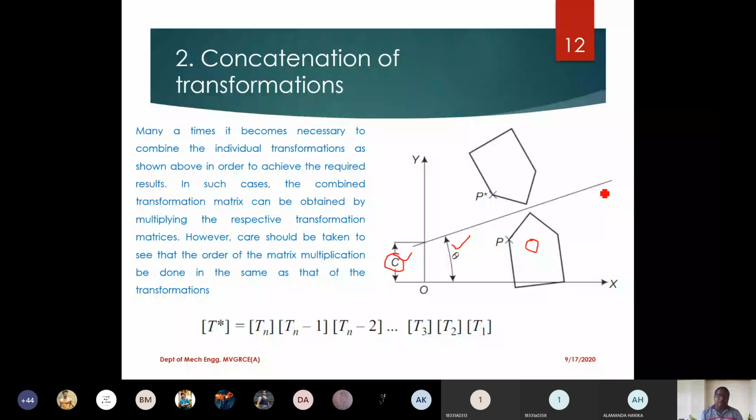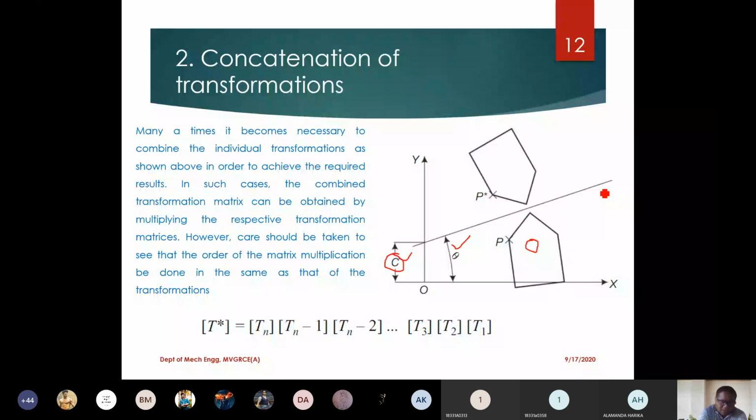But what can that transformation matrix perform? It can perform mirror image about an axis only, either about the x-axis or about the y-axis, but it is not dealing with a mirror image about any other straight line. Though it may be a real requirement, still it is not discussed.